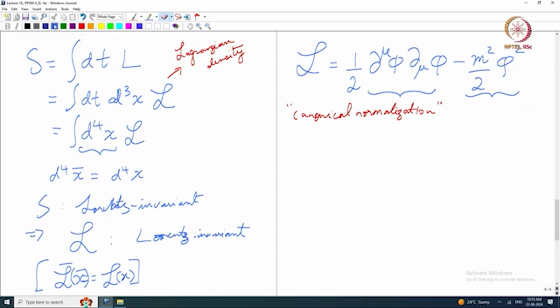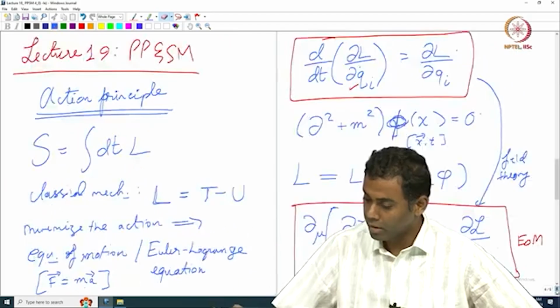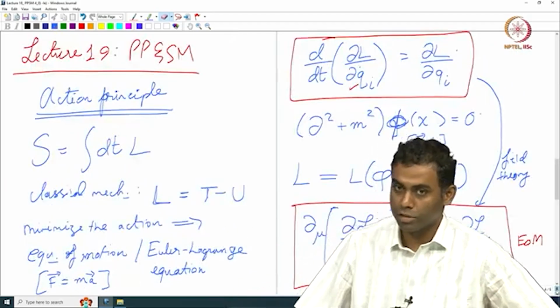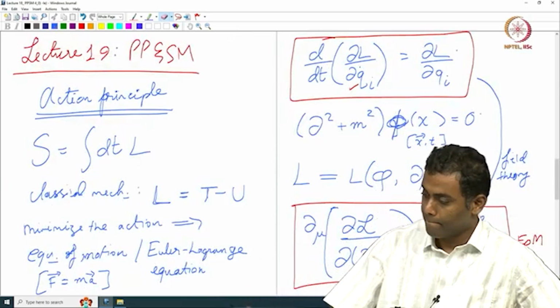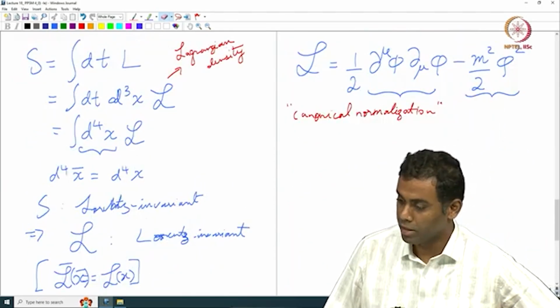Okay, so I've already chosen the canonical normalization. Can I add anything more to this Lagrangian density beyond what I've written using the fields? Can I add another Lorentz invariant term that would still satisfy the equation of motion here? There is a very trivial term that I can write down, right?